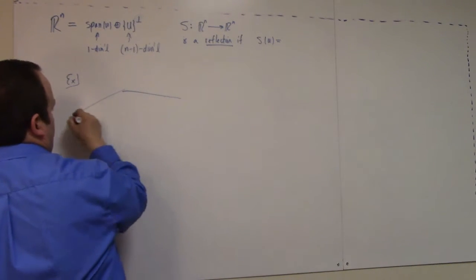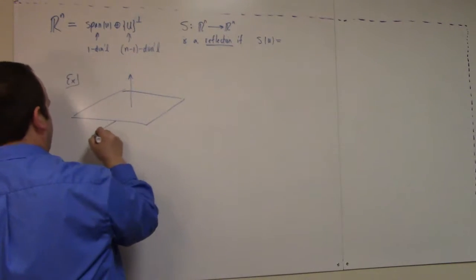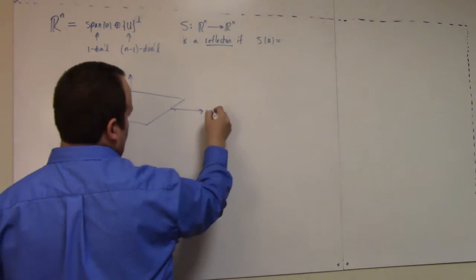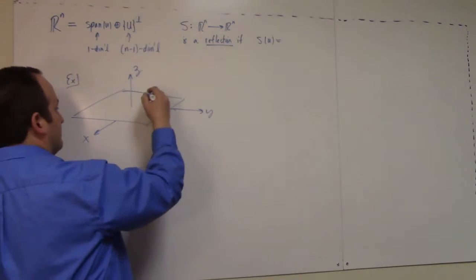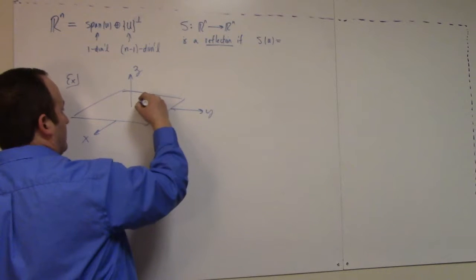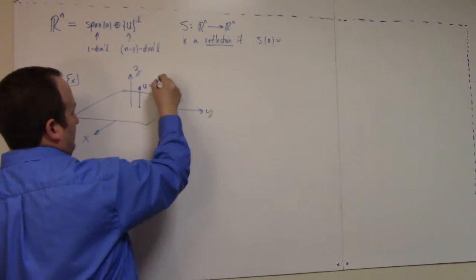Here, let's look at a simpler case. R3, right? And let's let U be like that, basically. Let U be z hat.